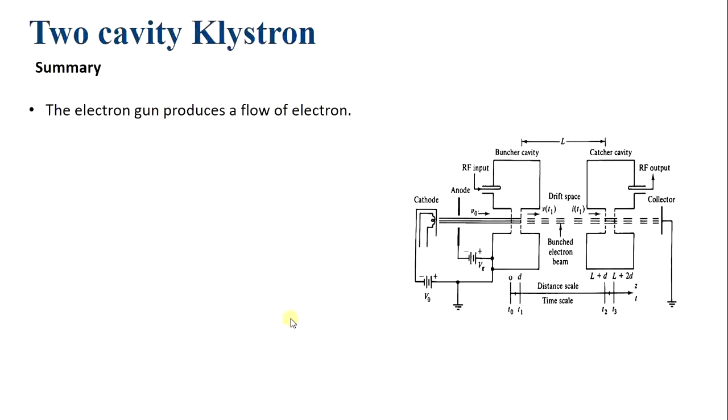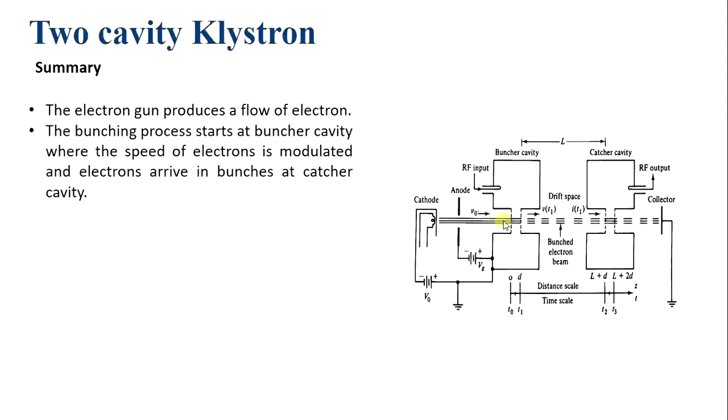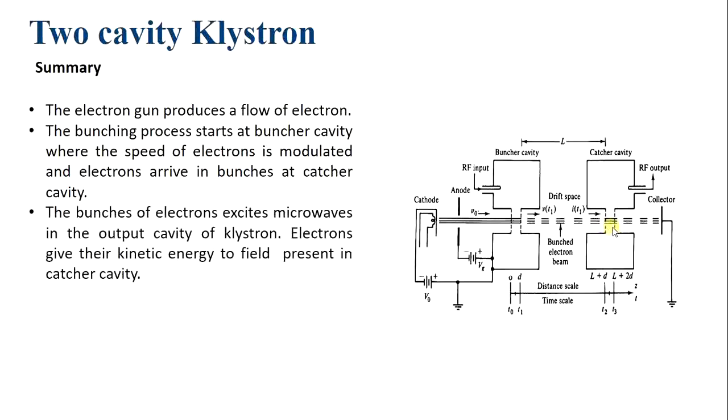The electron gun produces a flow of electrons, as you can see over here. The bunching process starts at this buncher cavity, where the speed of the electrons is modulated and the electrons arrive in bunches at the catcher cavity. The bunches of electrons excite the microwaves in the output cavity of the klystron.